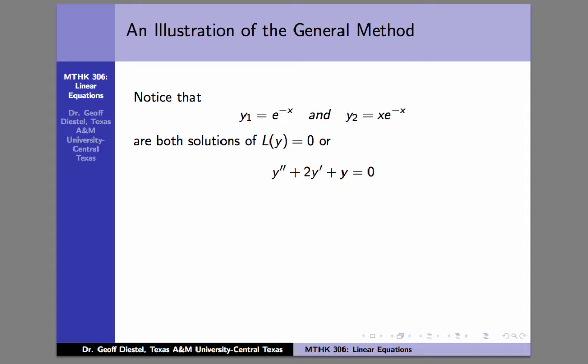So how do we find this? Remember, we consider the easier homogeneous problem, L of y equals 0, and it's a second order, so there's going to be two simple independent solutions that we'll be able to find. Finding these is actually very easy when the coefficients are only constants. In this case, we have 1 times y double prime plus 2 times y prime plus 1 times y.